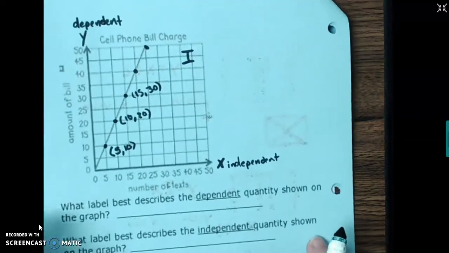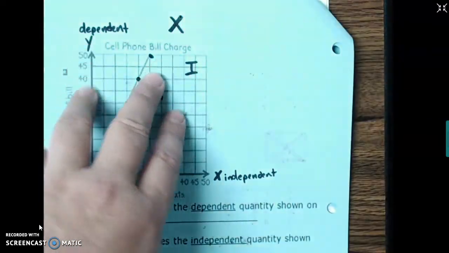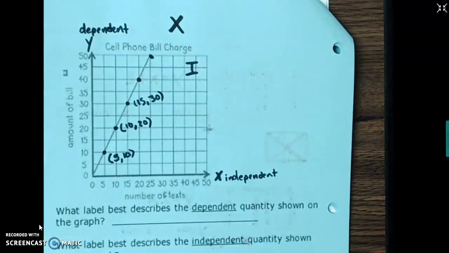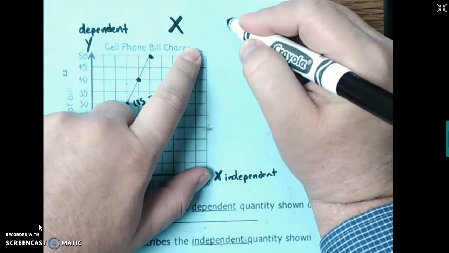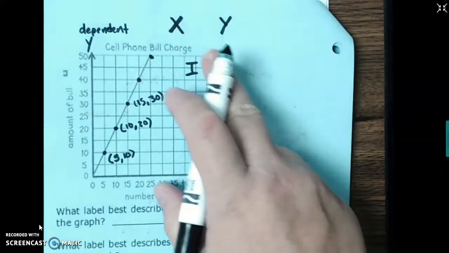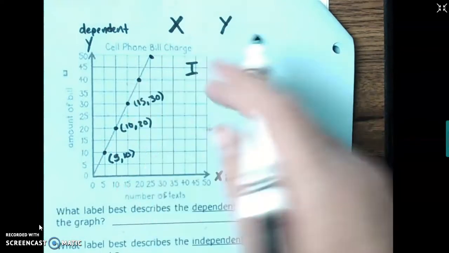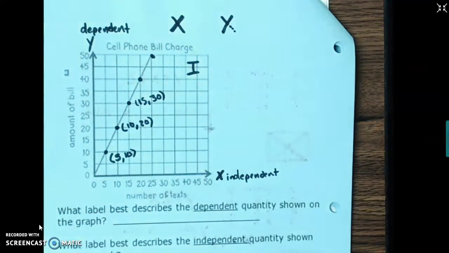If you have trouble remembering that, x is independent, meaning it can stand on its own because it has 2 legs. Y is dependent on whatever is happening to x because it requires what we're doing to x.